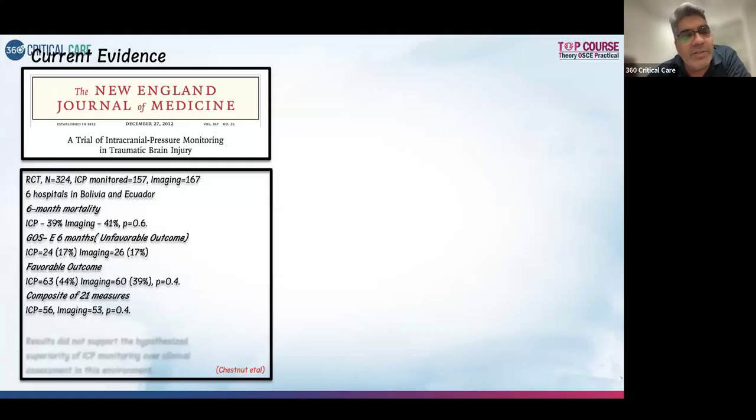They looked at around 320 patients. Almost half of them were ICP monitored and half were managed with imaging. They were looking at 6-month mortality. They found that there is no significant difference in mortality if you monitor the ICP or don't monitor the ICP and just go by radiological findings.